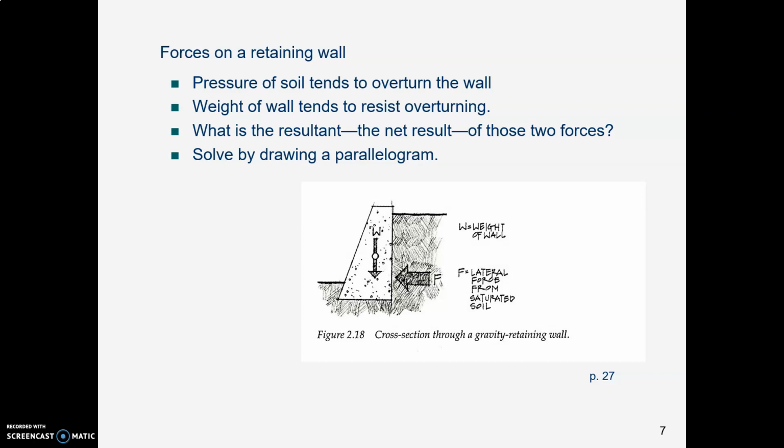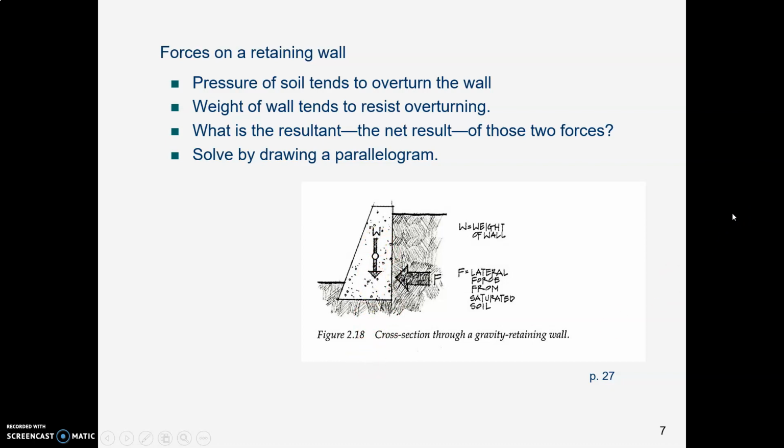Well, we can apply that all kinds of places. Let's say we have a retaining wall, and we've got pressure from wet soil pushing against the back of the wall, trying to make it slide. Or maybe trying to make it overturn. Then we have the weight of the concrete pushing straight down, trying to resist the sliding or the overturning.